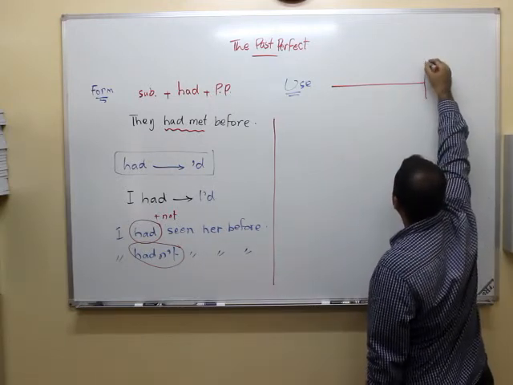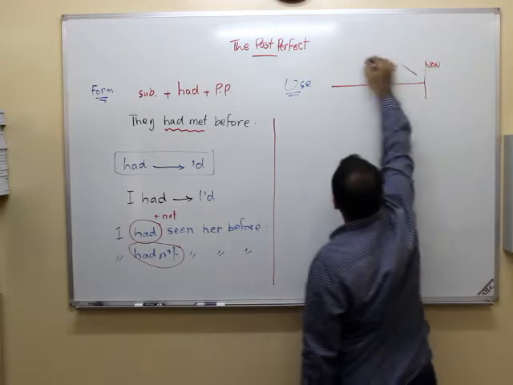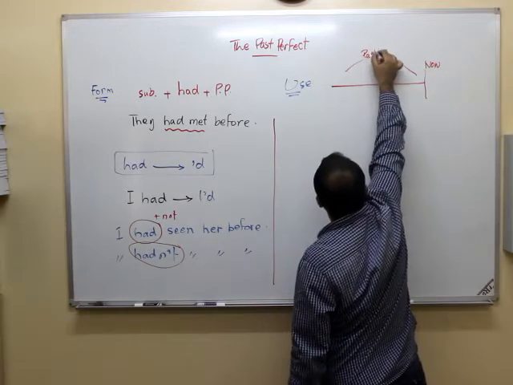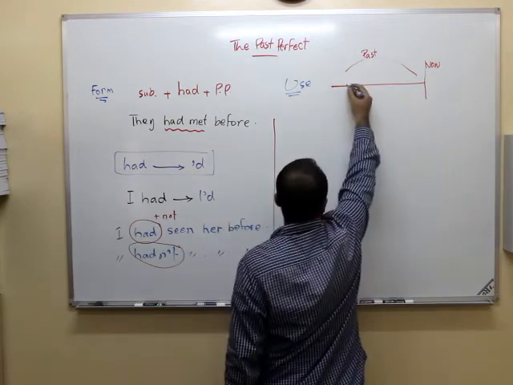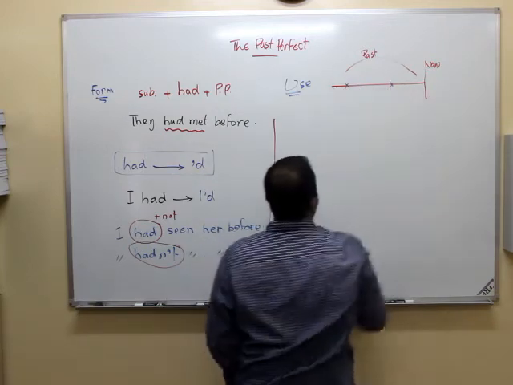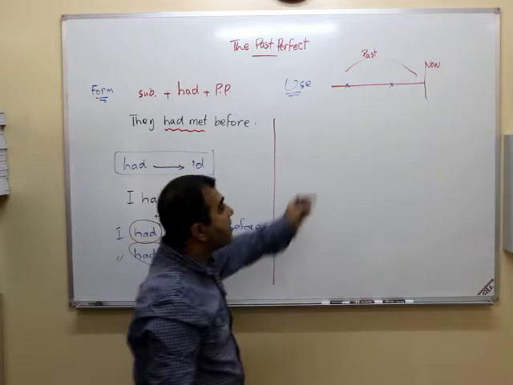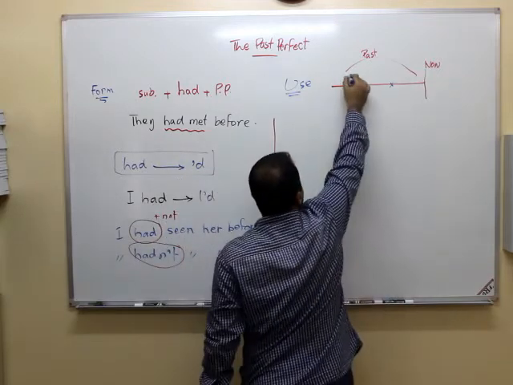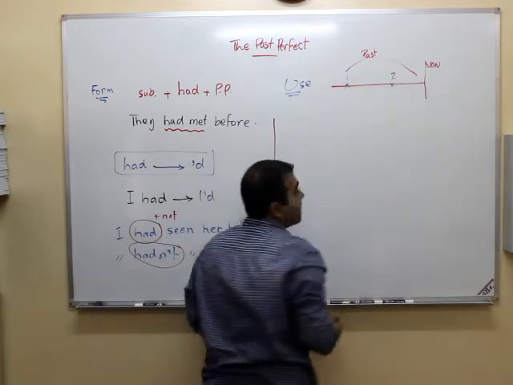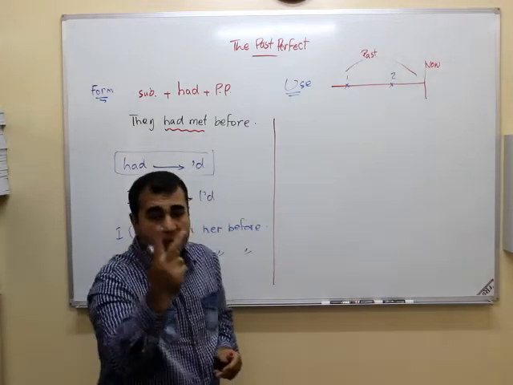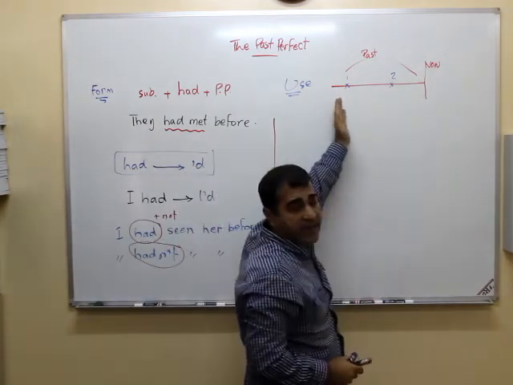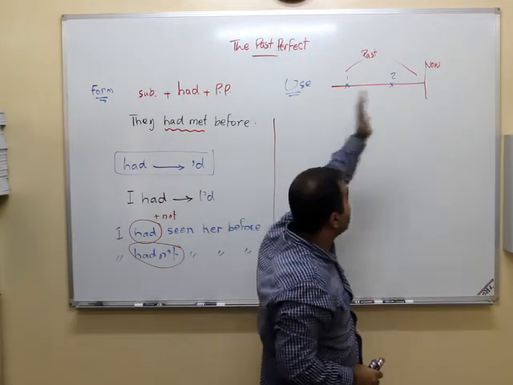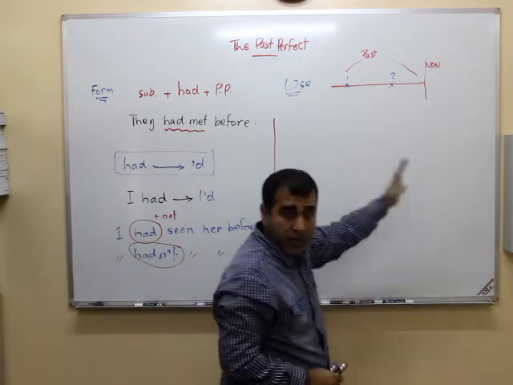This is now, and this is the past. Here in the past perfect, we talk about two actions in the past. This is the first action, and this is the second one. So we have a sequence of actions: the action which happened first, and then the second action which followed.